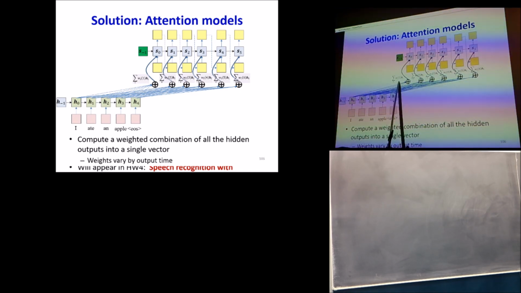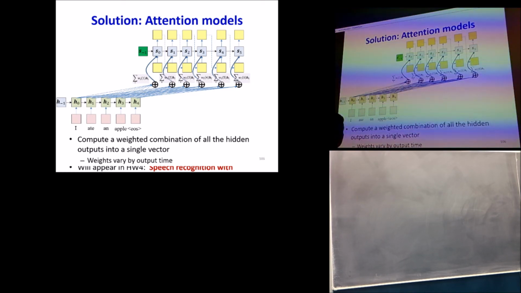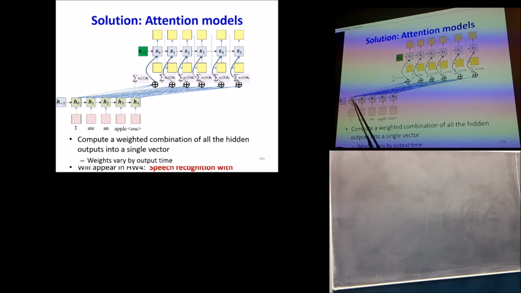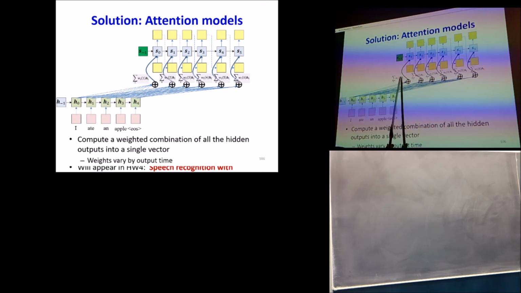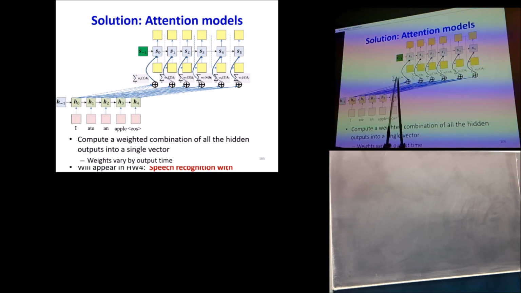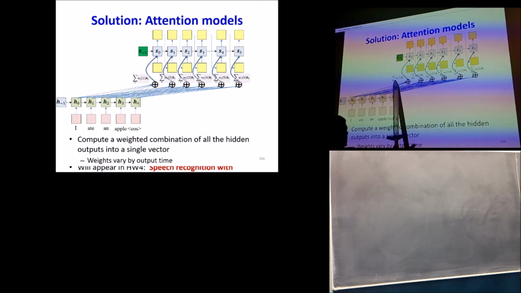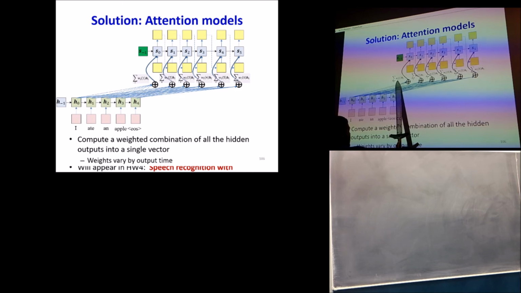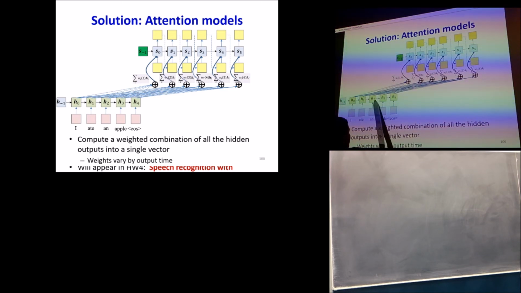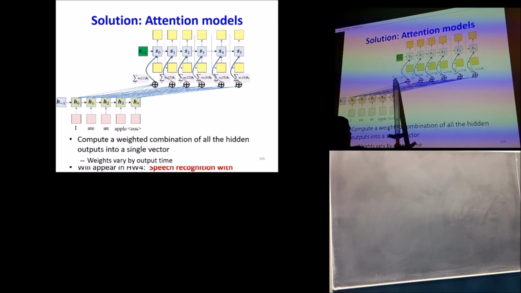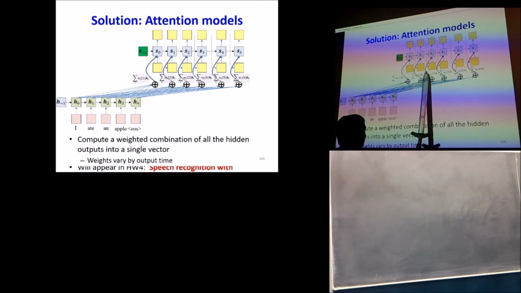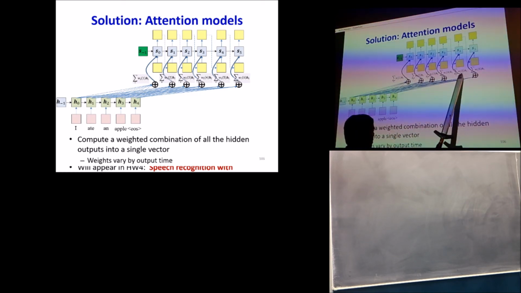So observe that, wait, that's wrong. So it's going to be h0 multiplied by w01 plus h1 multiplied by w11 plus h2 multiplied by w21, and so on. This term within the parenthesis stays constant. So as this figure explains, the set of weights used to combine these hidden values at each time is different from output instant to output instant.